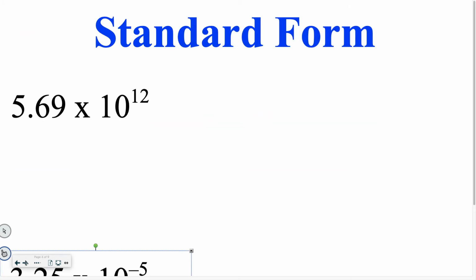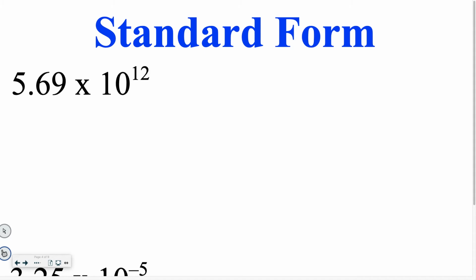All right. Now let's practice a little bit more. We have 5.69 times 10 to the 12th power. Since it's a positive 12, I'm going to move that decimal place 12 units to the right. I'm going to go 1, 2, 3, 4, 5, 6, 7, 8, 9, 10, 11, 12.